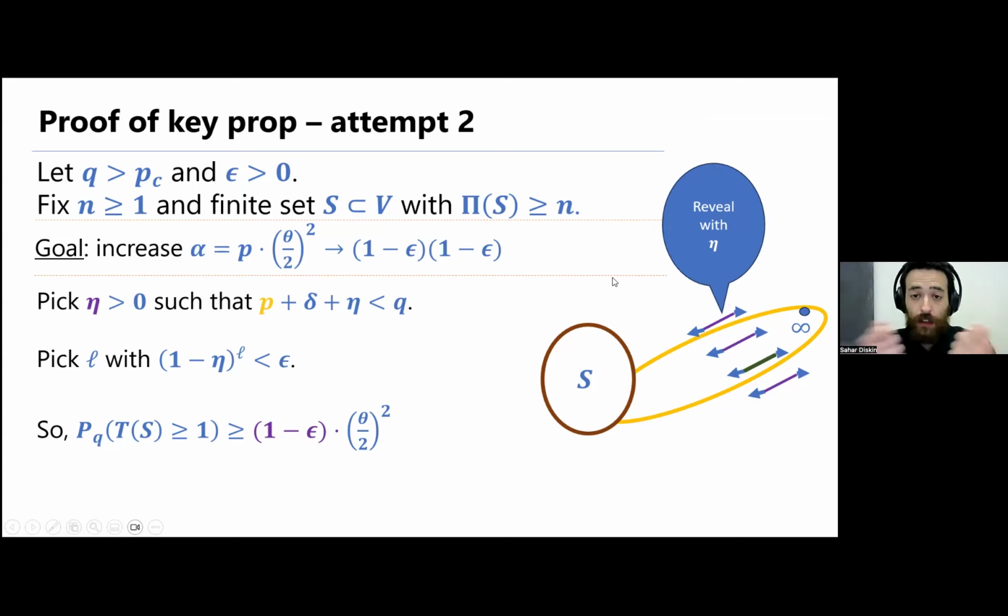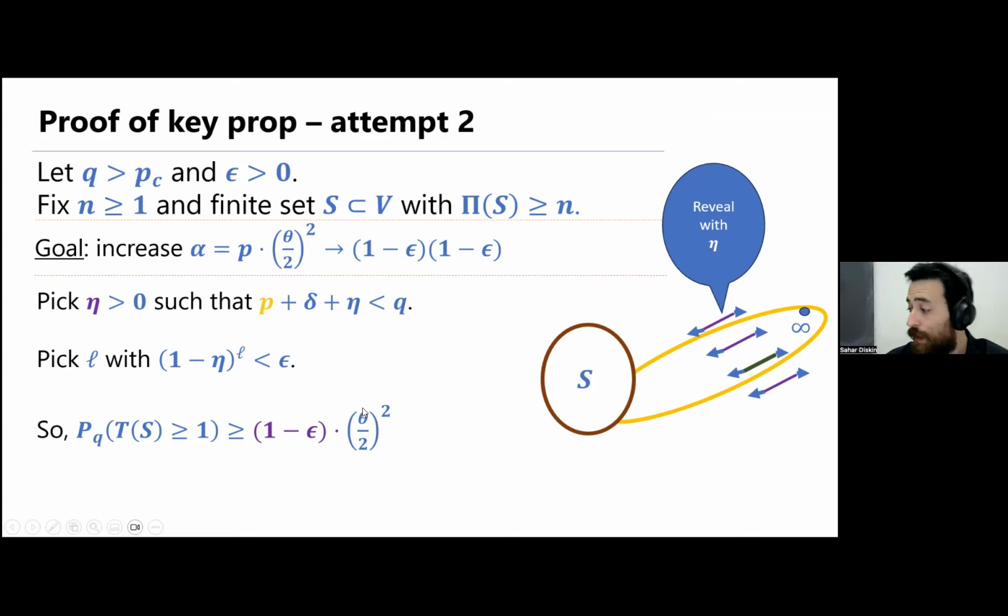P and eta are independent percolations. So I first threw a tiny bit of water to see whether the area I'm looking at is even relevant. And if it is, then and only then I continue with the P percolation. So now we are getting somewhere. So this improved the first thing to 1 minus epsilon.